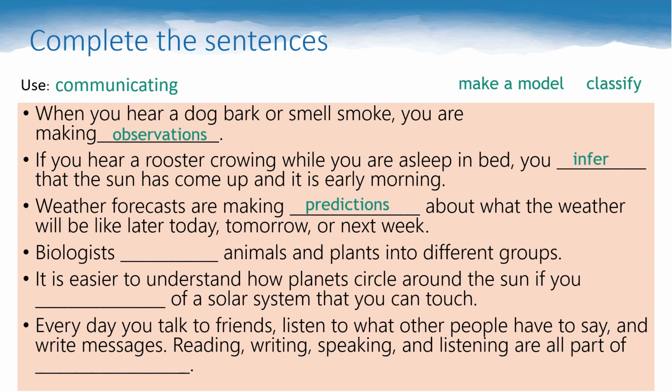What do they do? Yes, very good. They classify them. It is easier to understand how planets circle around the sun if you of a solar system that you can touch. Yes, make a model. Perfect.